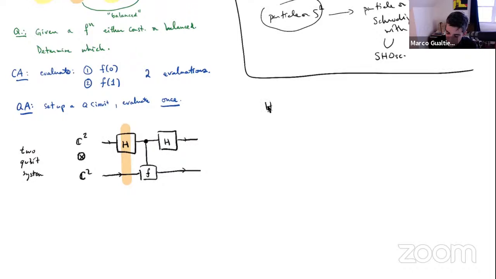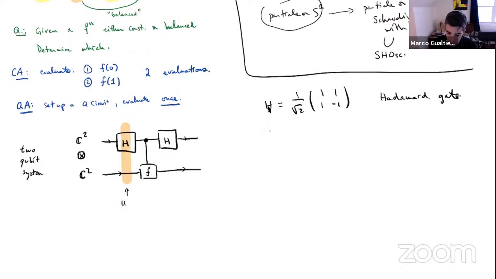H is 1 over square root 2, 1, 1, 1, minus 1. That's the Hadamard gate. When we see that the Hadamard gate is being applied only to one strand, and nothing is being applied to the bottom strand, that means that what we're doing is taking the tensor product.